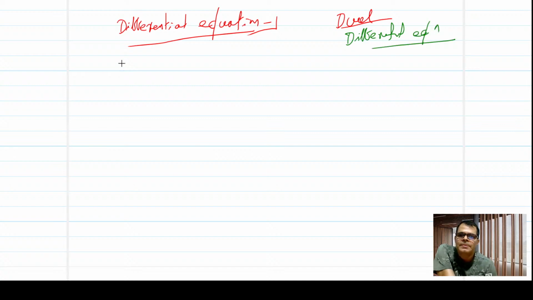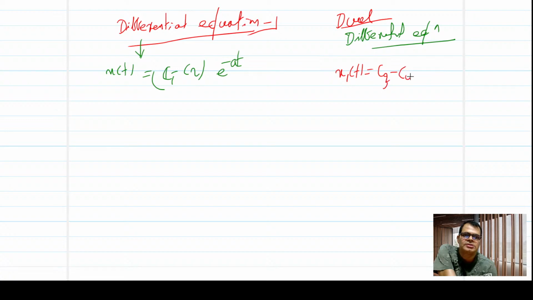Suppose the response of this differential equation is x1(t) = c1 + c2 e^(-at). Then the dual of that network will have a similar response, x1(t) = c3 - c4 e^(-bt).